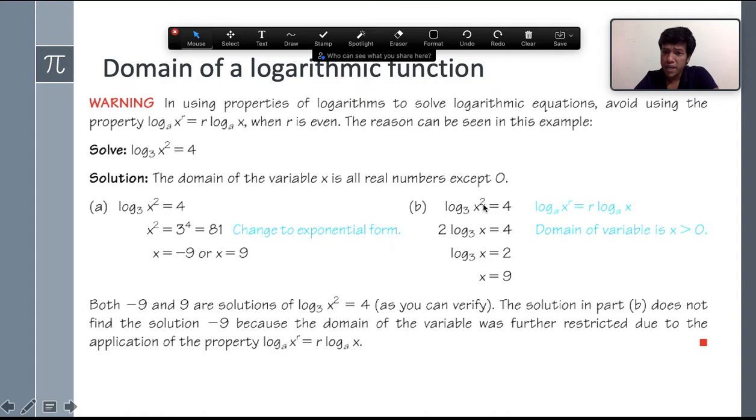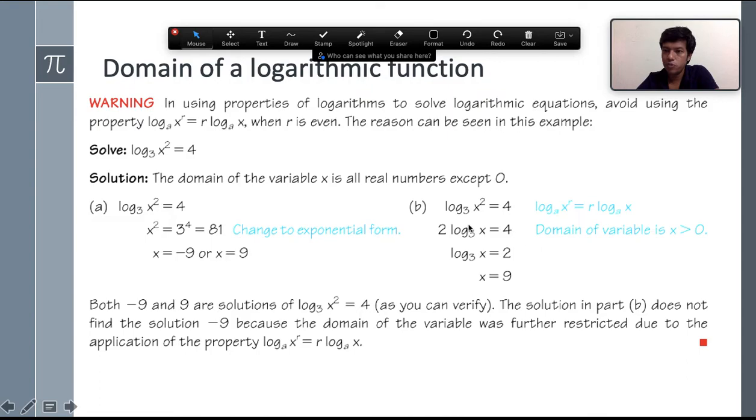If there is x squared, then we should not bring the power to the other side, because positive and negative are both possible when there is a square, an even power.